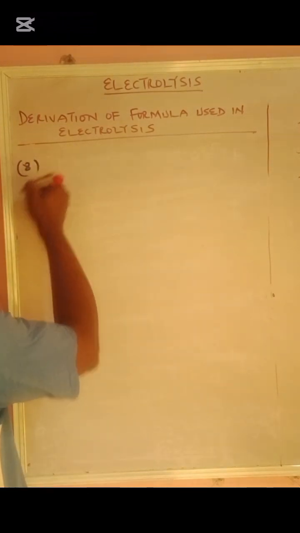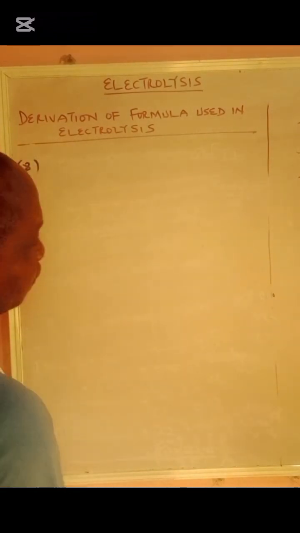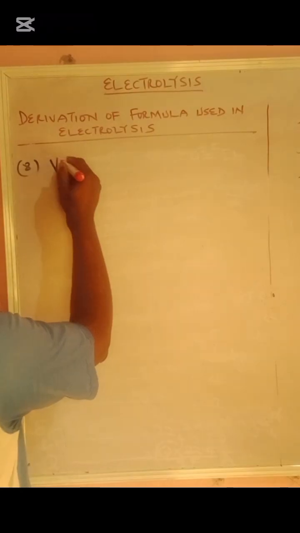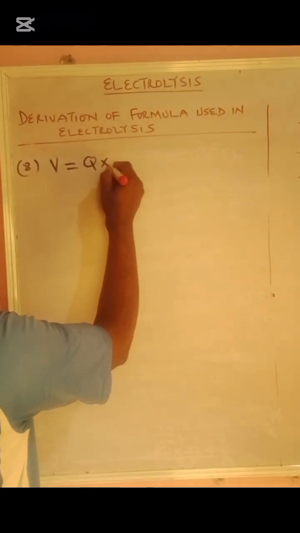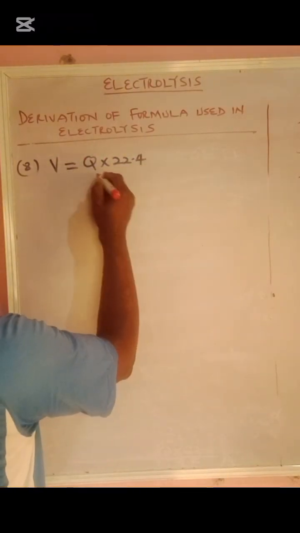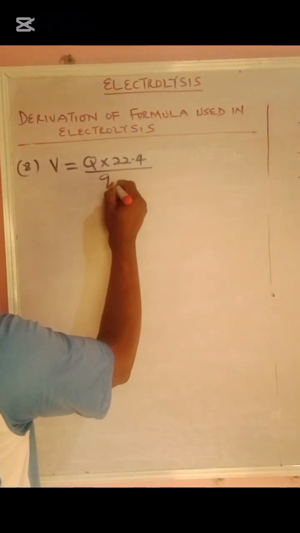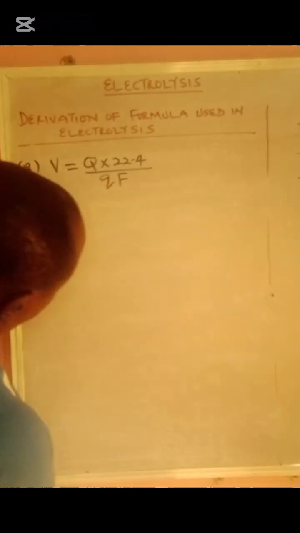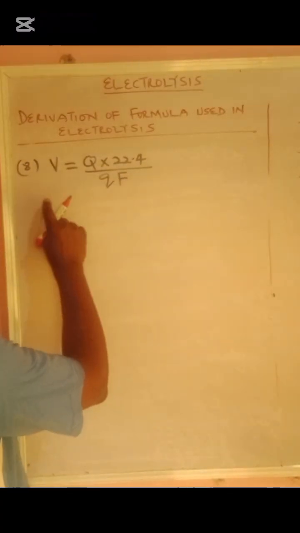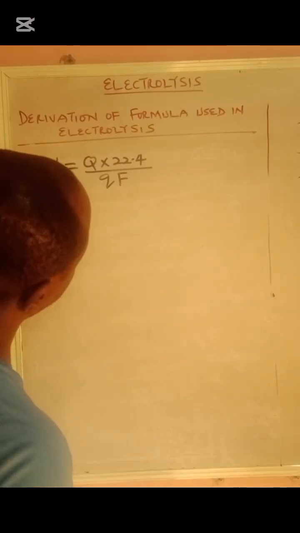8. You can easily make Q the subject of the formula. We said V is equals to Q times 22.4 all over QF. Cross multiply here.